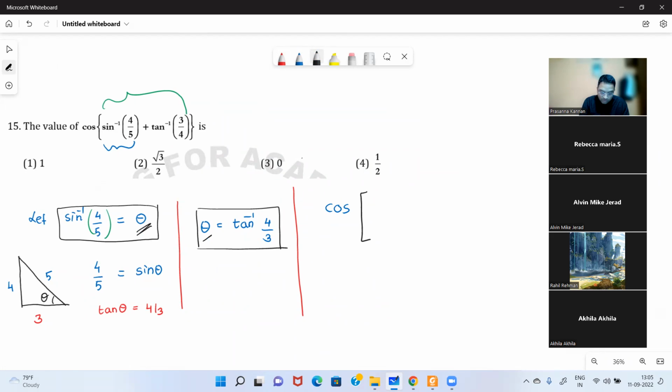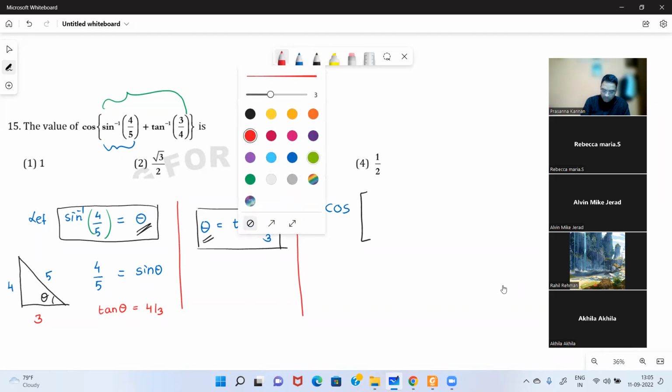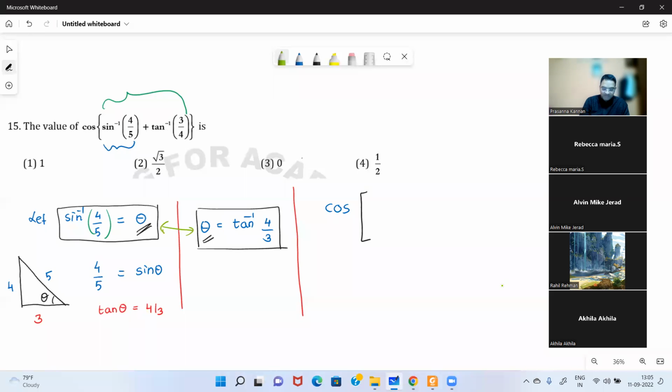But theta we have found to be tan inverse 4 by 3. So both of them are equal. Therefore, in place of sine inverse 4 by 5 in the beginning, I can write tan inverse 4 by 3.